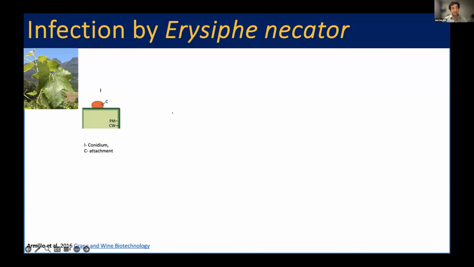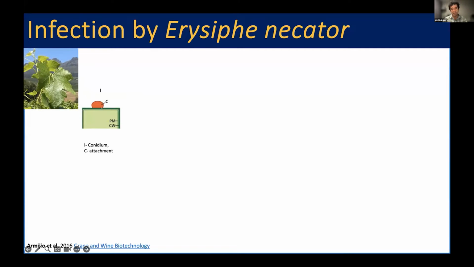I'm just going to give you a little bit of the biology, or infection mode, of the pathogen, so you can have a better understanding of what's happening from the beginning of the season in your vineyard. Imagine this is the surface of grapevine leaves.